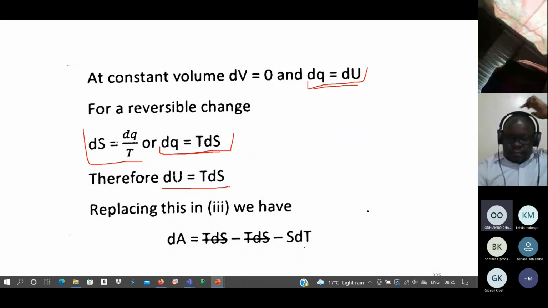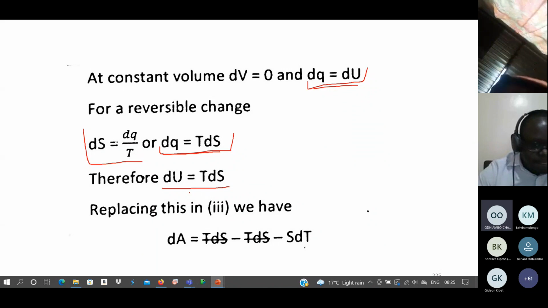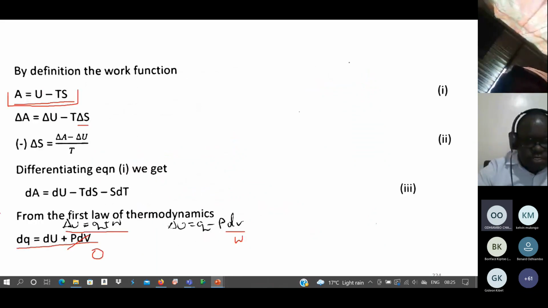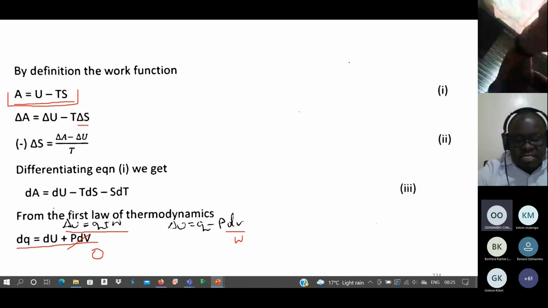TdS. Okay. So if we take this expression now into our expression for equation 3, which was dA equals dU minus TdS minus SdT, but we have already said that dU equals TdS.